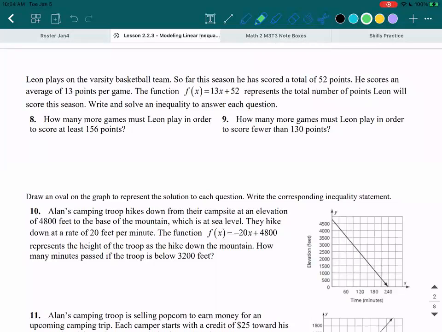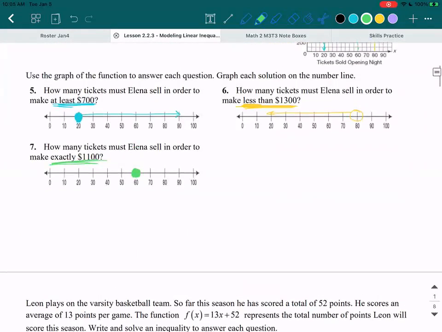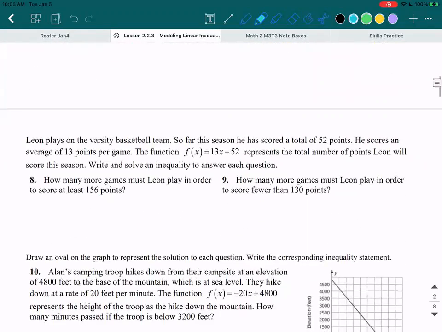Okay, so we want at least 156 points. So I'm going to write this out. I forgot what color I used for at least. Okay, I used blue, so I'm going to use blue again. So first you're going to write out your expression, 13x plus 52.